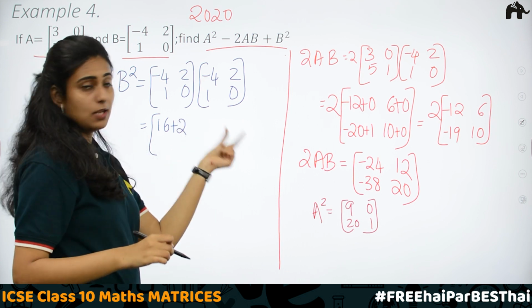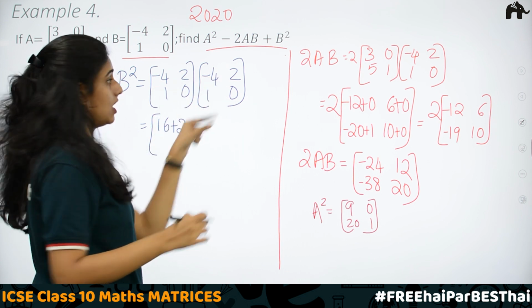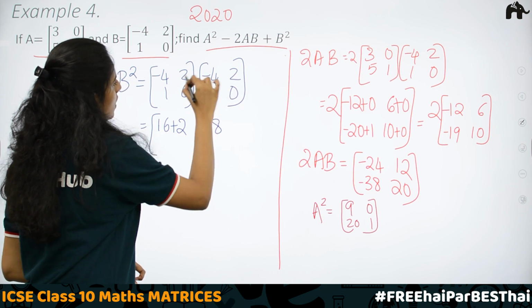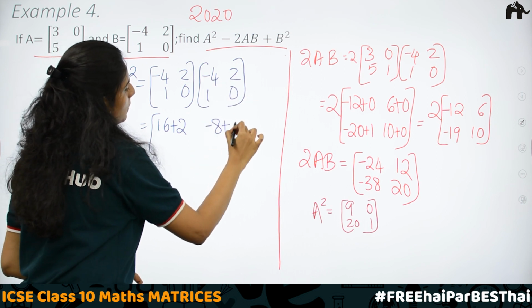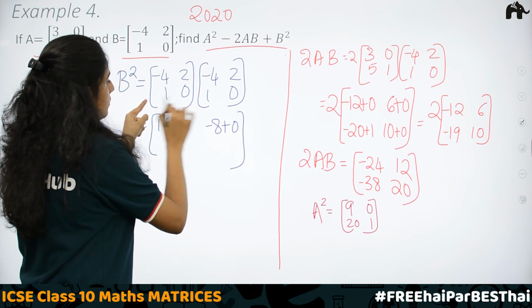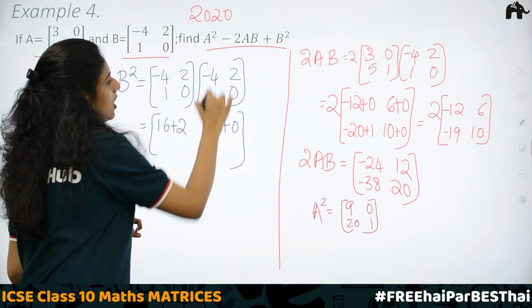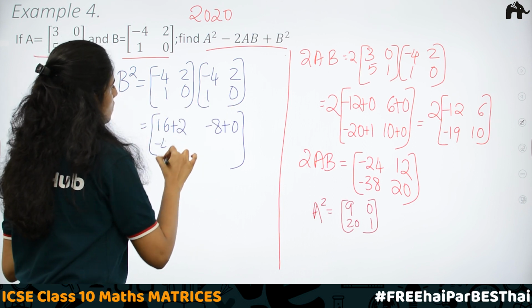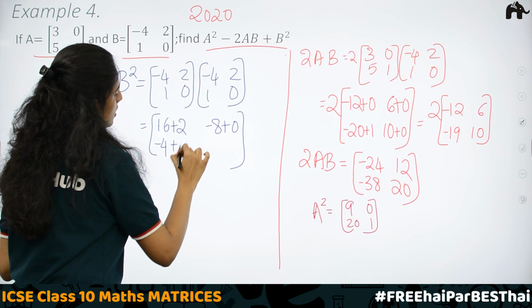To get the second element, first row and the second column. Minus 4 into 2 is minus 8. 2 into 0, 0 plus 0. Next element, second row of the first matrix, first column of the second matrix. 1 into minus 4 is minus 4, 0 into 1, 0 plus 0.